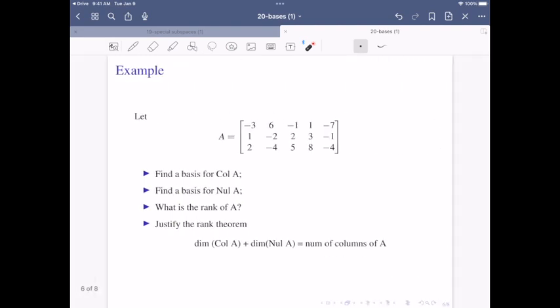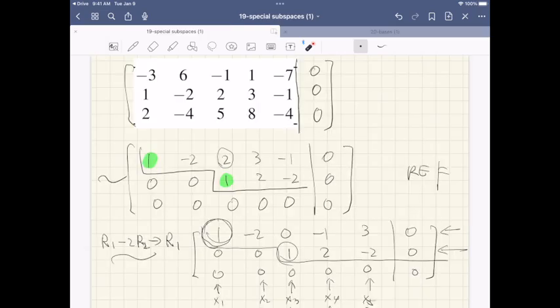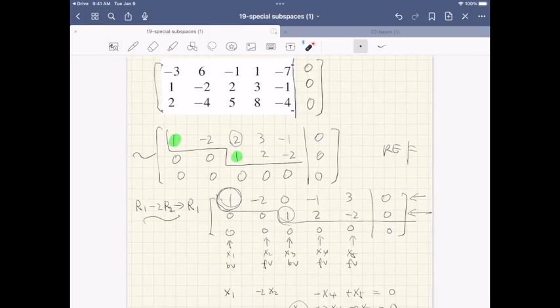So let's look at this example. We have the same matrix as in the previous lecture. I'm going to copy this down. We already reduced it into REF.